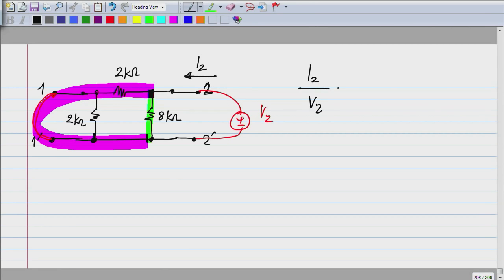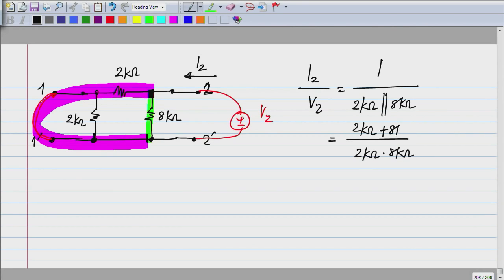I2 by V2 will be 1 by 2 kilo ohm parallel 8 kilo ohm, which is 2 kilo ohm times 8 kilo ohm over 2 kilo ohm plus 8 kilo ohms. This is 10 by 16 and you have kilo ohms in the denominator, so it is millisiemens. So this is 0.625 millisiemens.